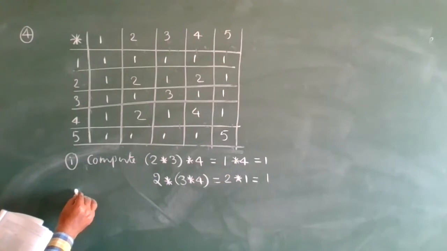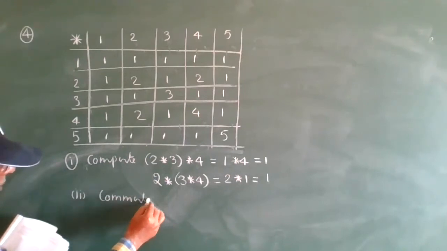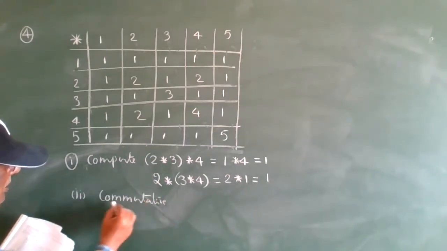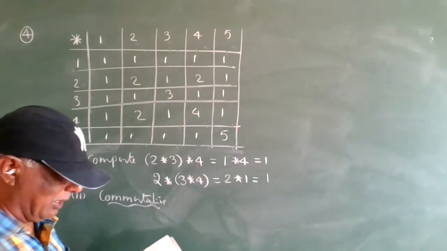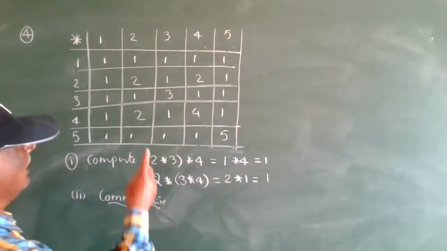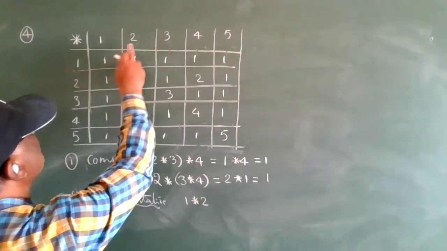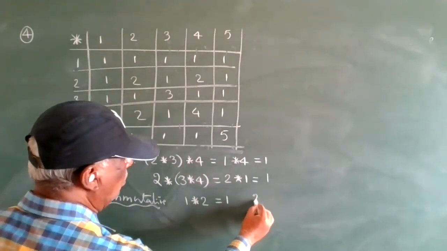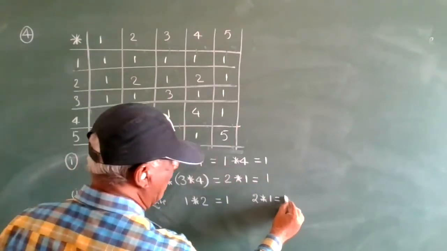Second bit: is it commutative or not commutative? Everyone observe. We are going to check whether it is commutative or not. 1 star 2 is 1. 2 star 1 value is also 1.